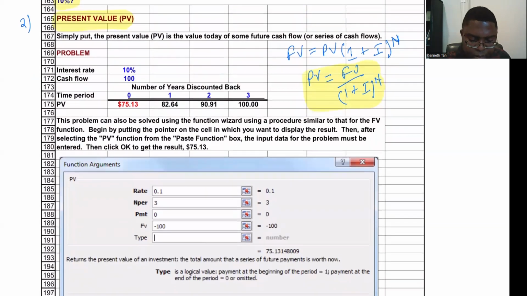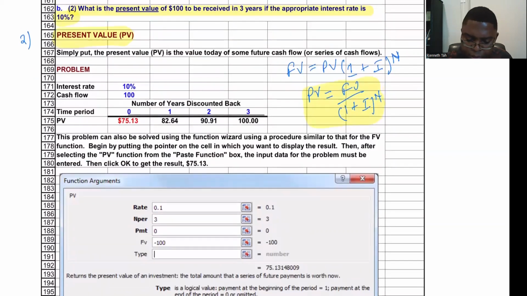So we can easily put this into the formula to calculate. It says, what is the present value of $100 to be received in 3 years? To be received in 3 years means that is the future value. So the future value is $100, n is 3 years, interest rate is 10%.